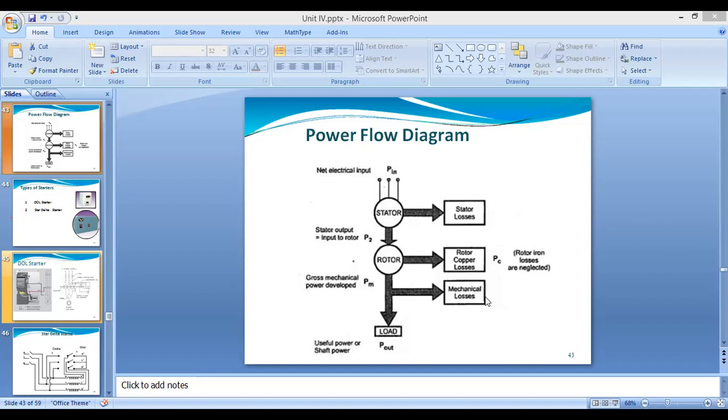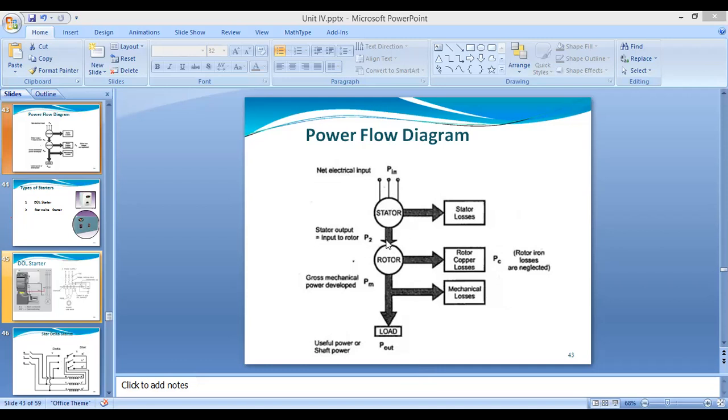So here, when we give input power to the three-phase induction motor, we give it to the stator. Some goes to the stator losses and some goes to the rotor, which is the input to the rotor.